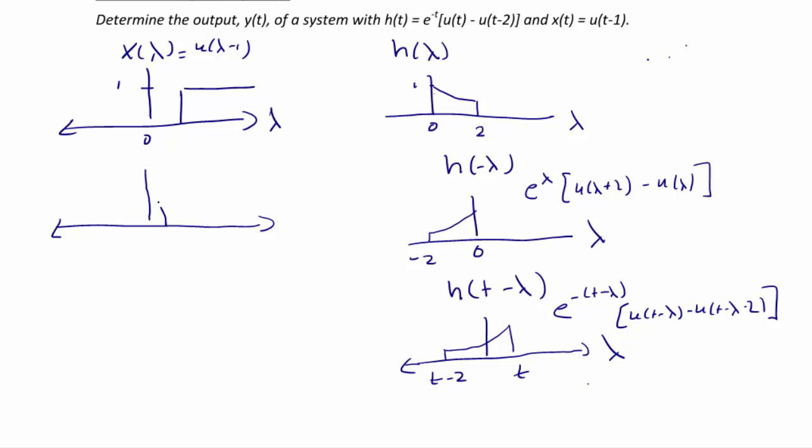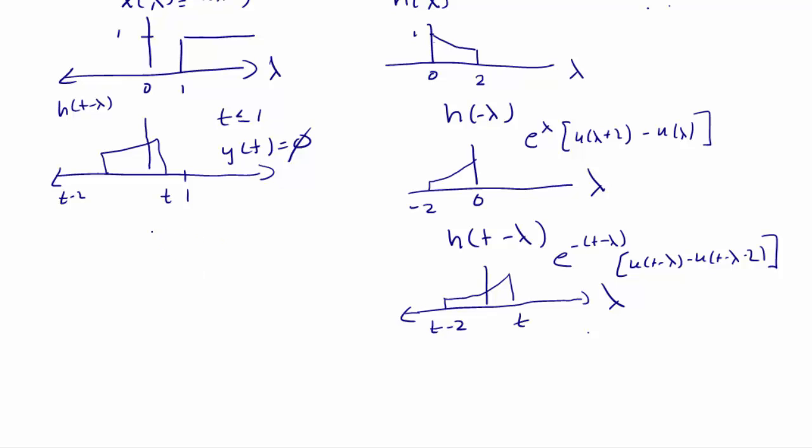And here would be an example, where this is h of t minus lambda. So this is t and t minus 2, and here's the 1. So for this region, t is less than or equal to 1, and y of t is equal to 0.